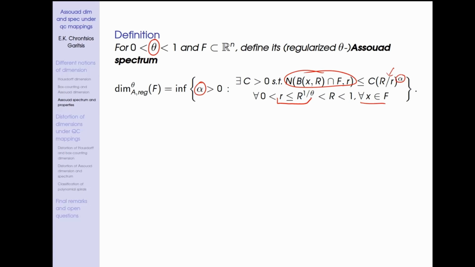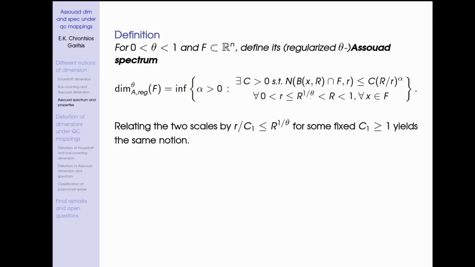It's about zooming in and zooming out from parts of the set, but we have to keep in mind this restriction on the small scales we choose. If now we basically replace this by r less tilde 1 over theta, where this is a global fixed constant, we again get the same notion.